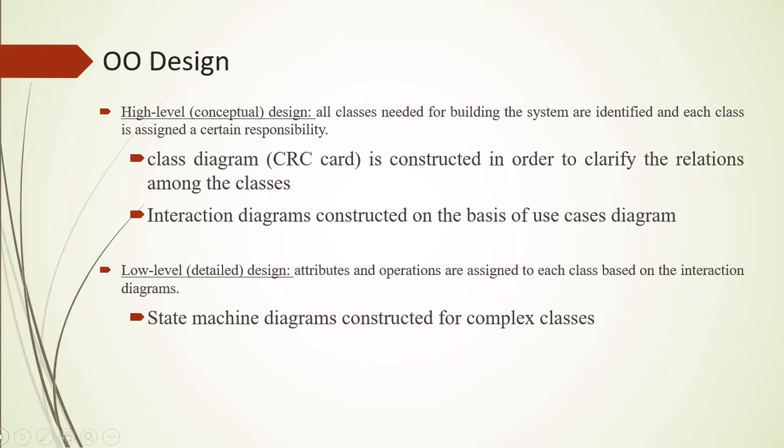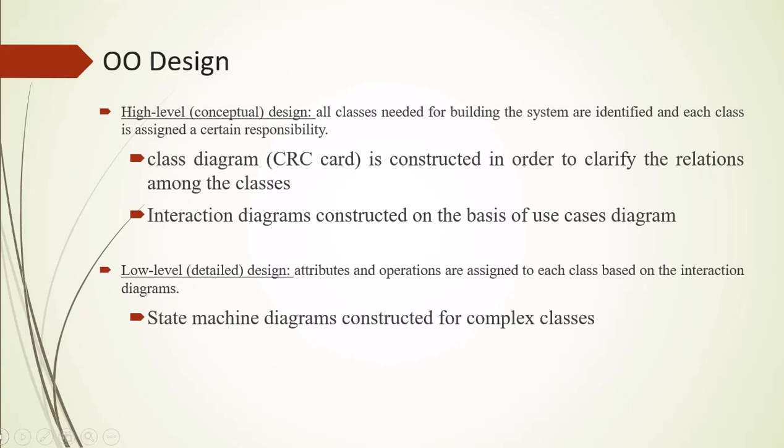Class diagram or CRC. Why is it called CRC? It will be discussed shortly. So a class diagram or CRC card is constructed in order to clarify the relationships among the classes.